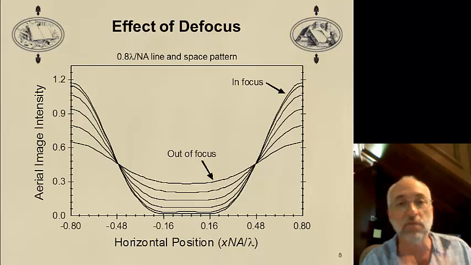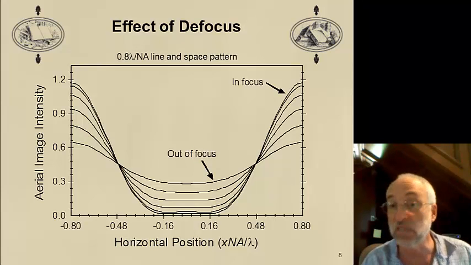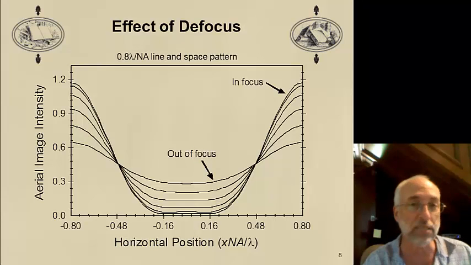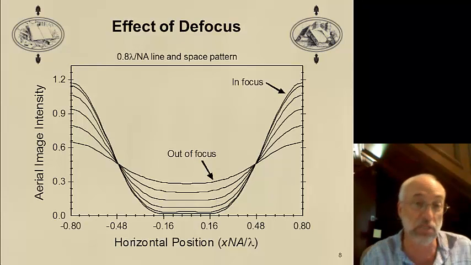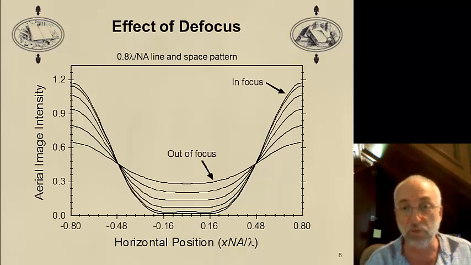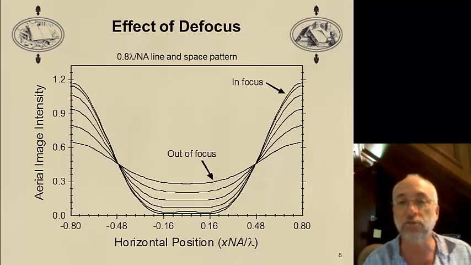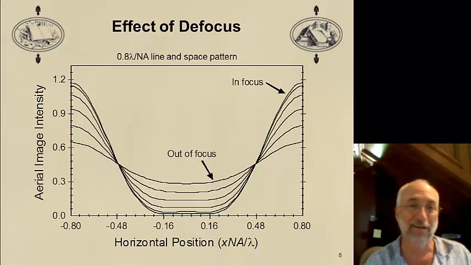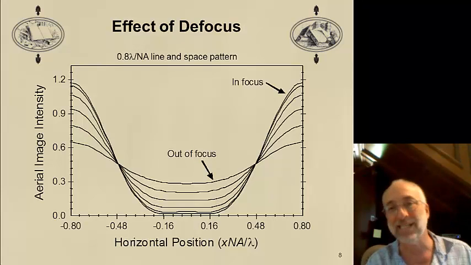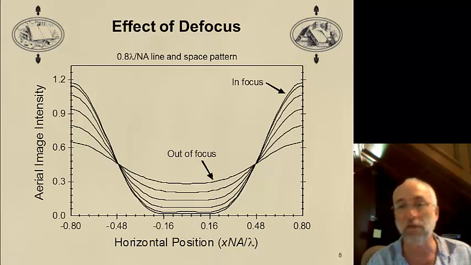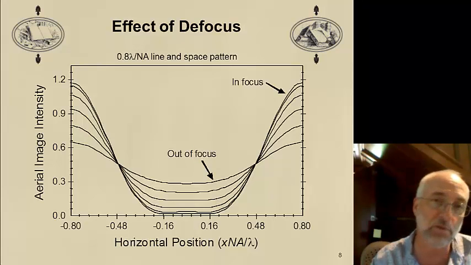The intensity of the light in the bright regions gets dimmer. The intensity of the light in the dark regions gets brighter. And the slope, the variation near the edge of the mask feature, gets less and less. In other words, the image gets blurry. I can't recognize the difference between the bright areas and the dark areas nearly as well when I'm out of focus compared to when I'm in focus.